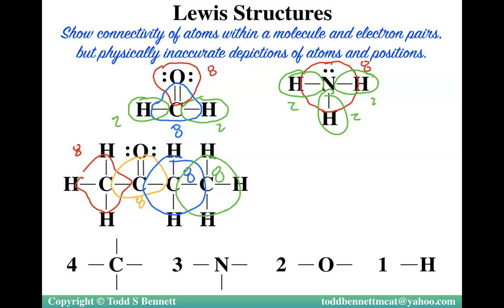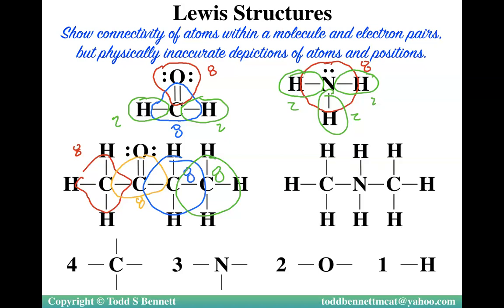Okay, one more. Let's see how it goes. So I'm going to do, instead of the electron counting, this time I'm going to do the HONC rule and see if it can still predict my Lewis structures. Carbon makes 1, 2, 3, 4 bonds, check. Carbon makes 1, 2, 3, 4 bonds, check.